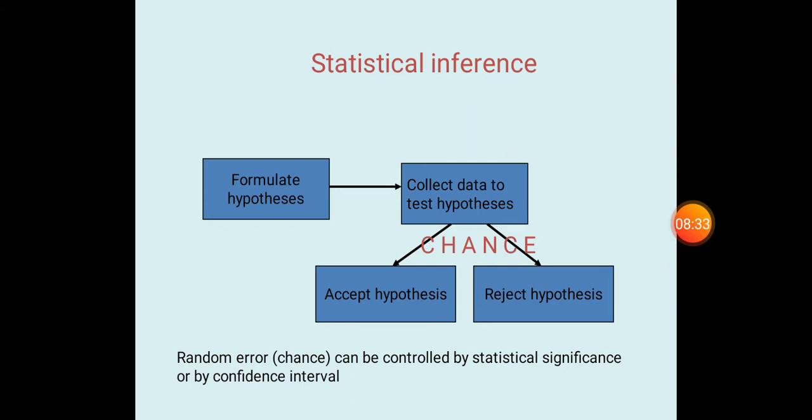From that sample, you need to collect the data which you need to prove this hypothesis. Once you have collected the data, based on the result we get, we will tell whether we need to accept or reject this hypothesis.